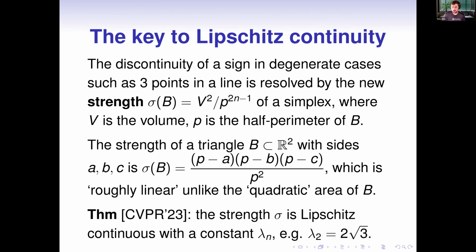If we have just the sign, then obviously the issue is that it can be either -1 or +1. And if some molecule degenerates, its sign can go very fast from -1 to +1, so there won't be continuity. Because of that, when we compare signs, we need this notion of strength.